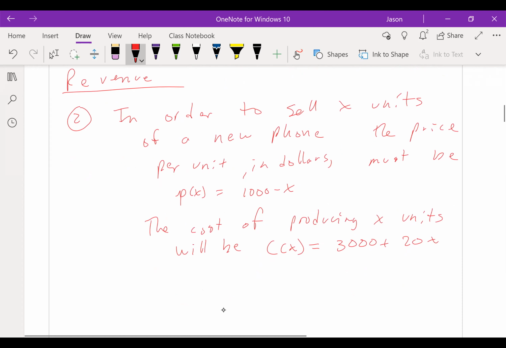So 3,000 would be my fixed cost, and 20X is called my variable costs.